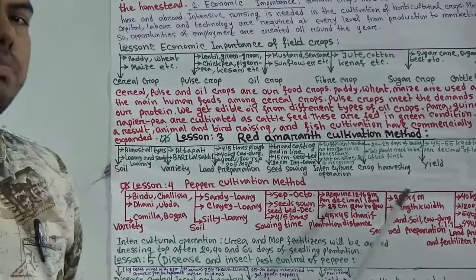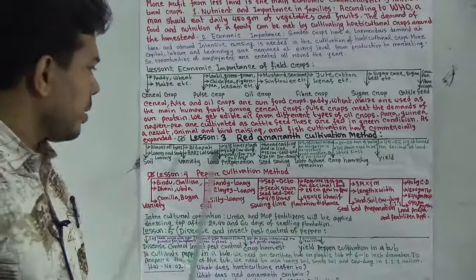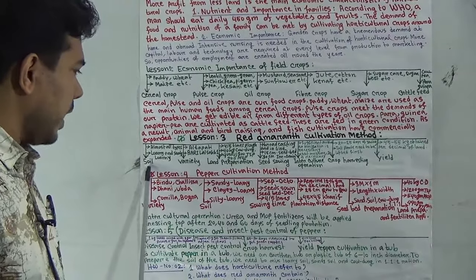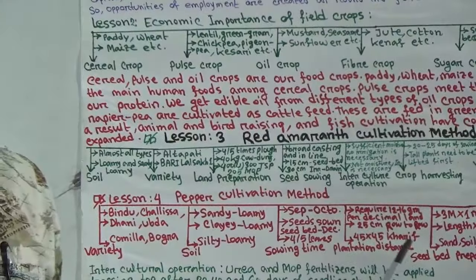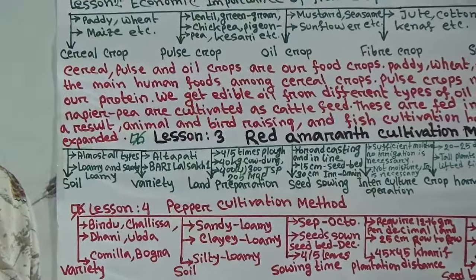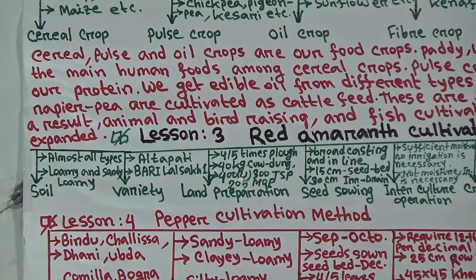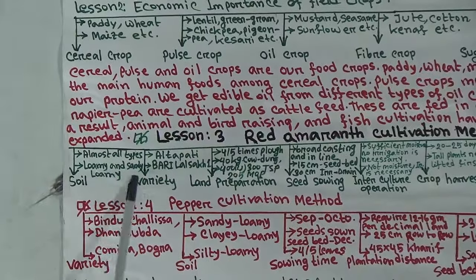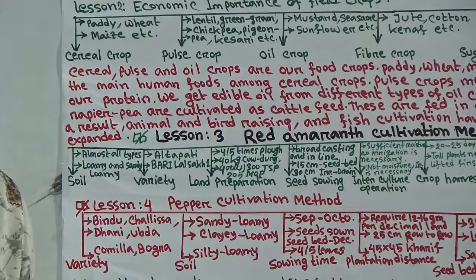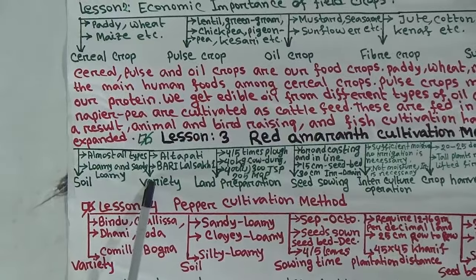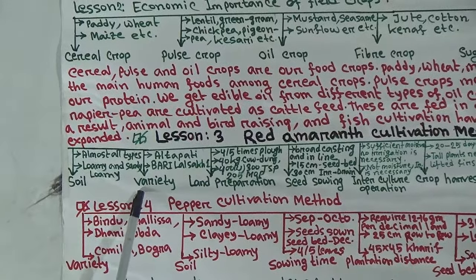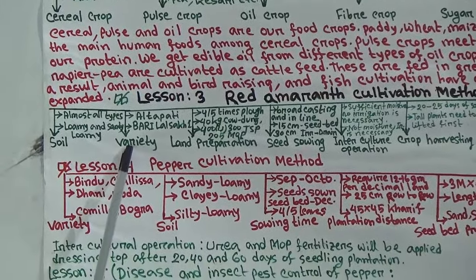To cultivate pepper, the very interesting thing is that you can cultivate pepper in all types of soil, but especially loamy and sandy loamy soil would be better for pepper cultivation.